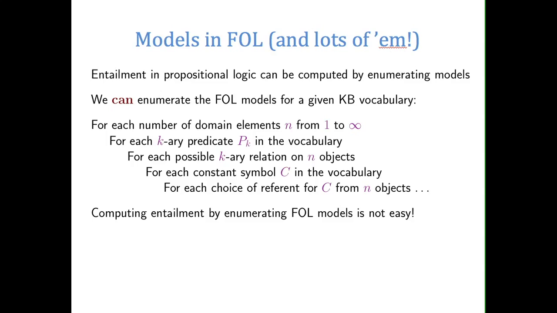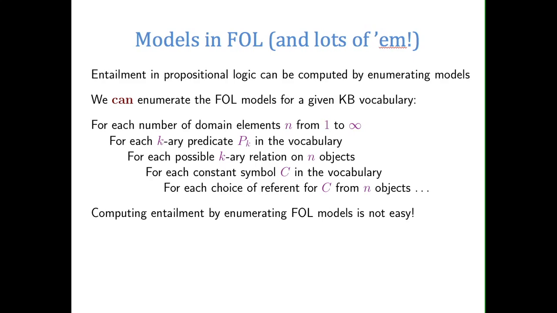Basically, for each number of domain elements n from 1 to infinity, and for each k-ary predicate p sub k in the vocabulary, k-ary means that it's got k terms. And we saw that, for instance, when we defined room/2 the other day, that we said it had an arity of 2. Well, that's what they mean by k-ary here.